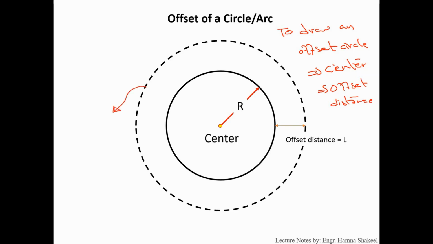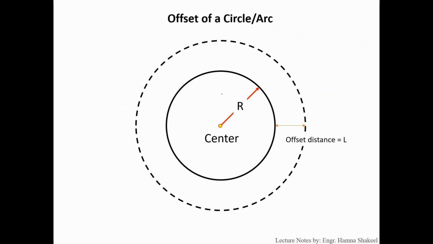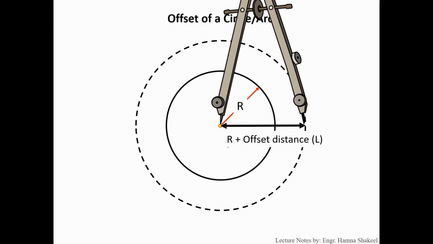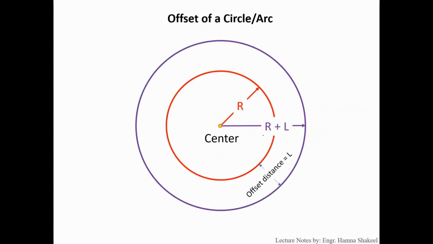So to draw this outside offset, take your compass and open it equal to r plus offset distance. Here r is the radius of the actual circle and L is the required offset distance. So open your compass equal to the sum of the two and draw a circle.